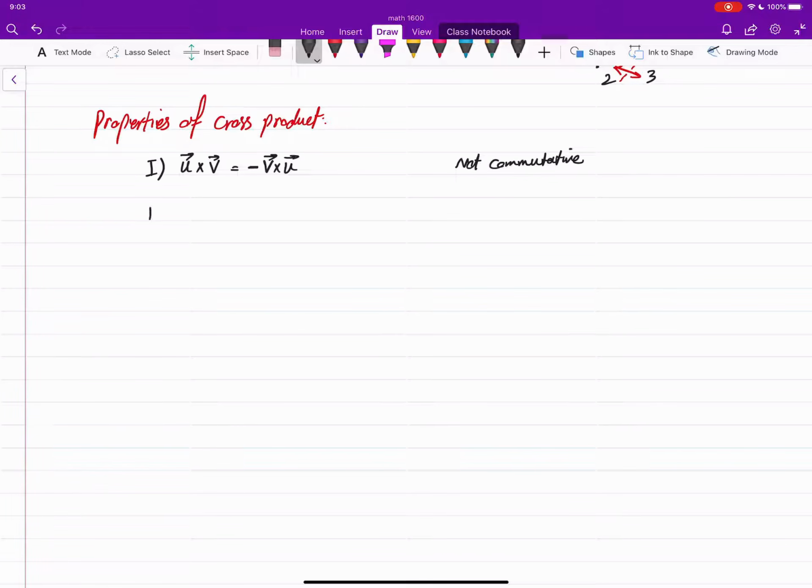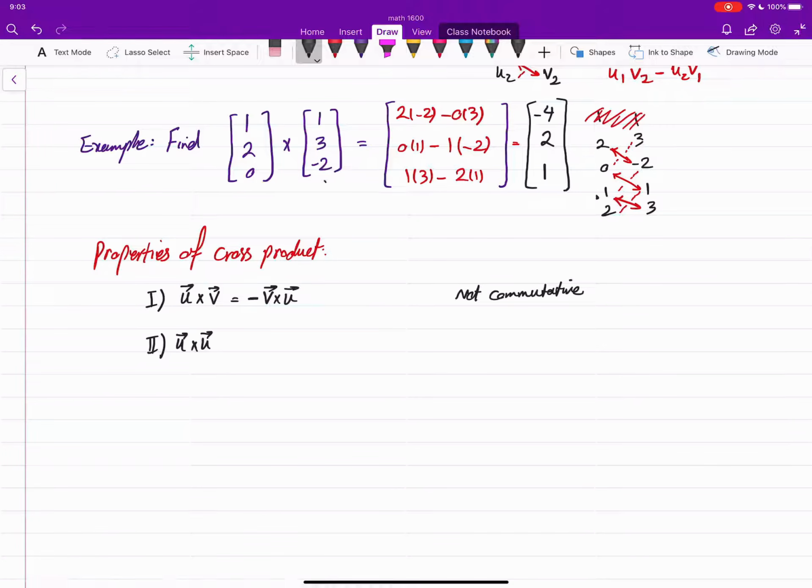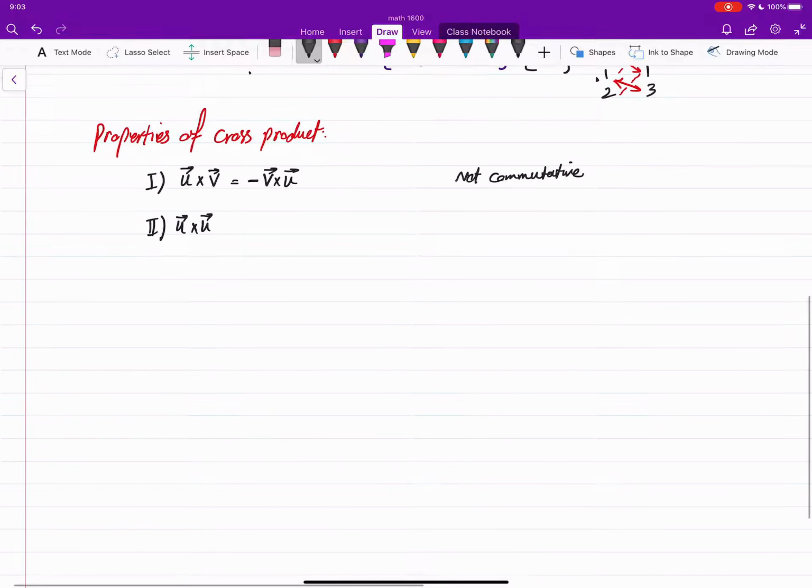The second thing in my list is that when you cross u with itself, it means the first column and the second column are the same thing. You can do the computation and you see that all the components will vanish.